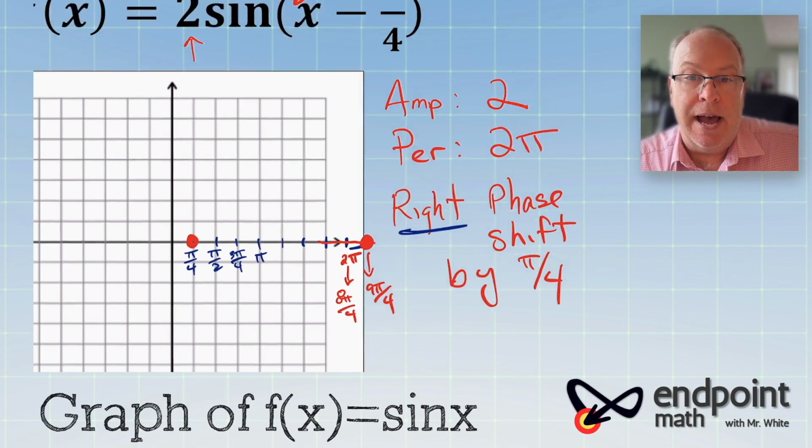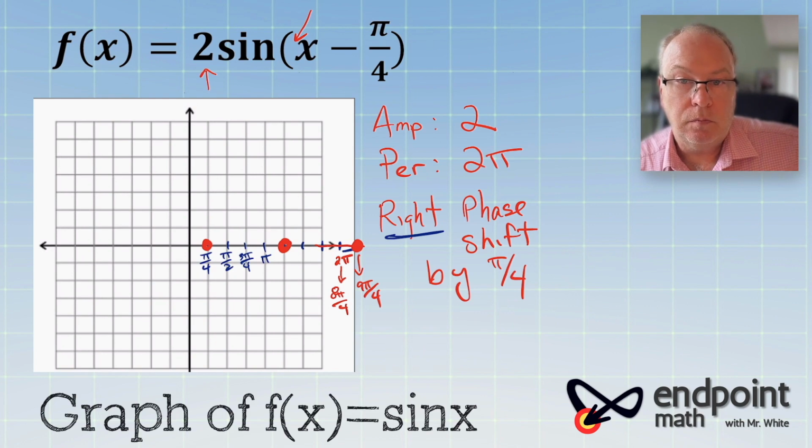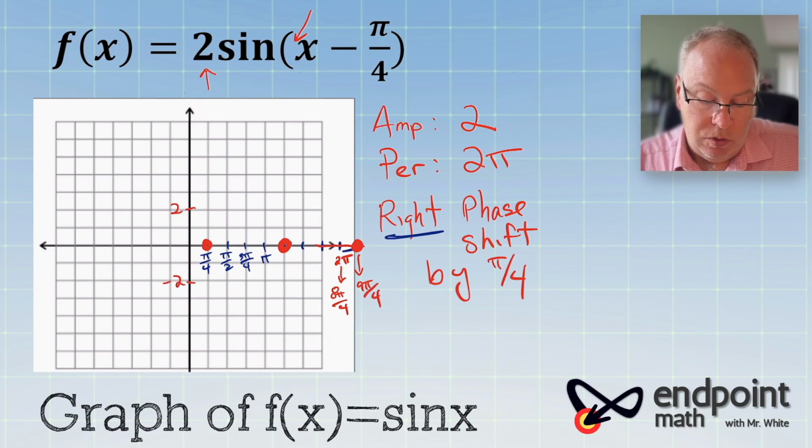I'm going to put my dot. Now, and then in the middle, which is right here, is where it hits middle. And then it's going to go as high as 2 and as low as -2. So that would be here and here.